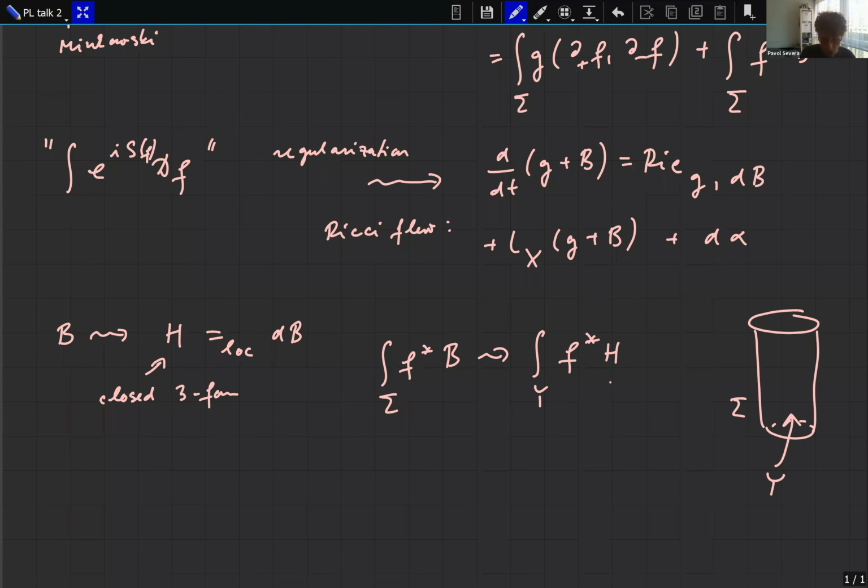But then, like in true physics, we don't want to have any Y filler thingy. So what one somehow really wants is to have e to the power of the action well-defined, independent of any Y. And what one needs for that is really that in place of H, one needs to use what is called a differential character.